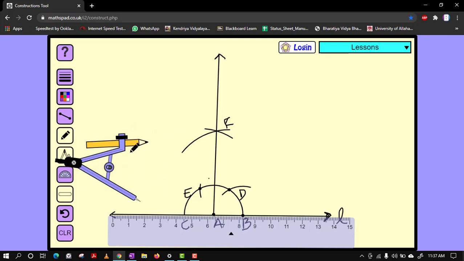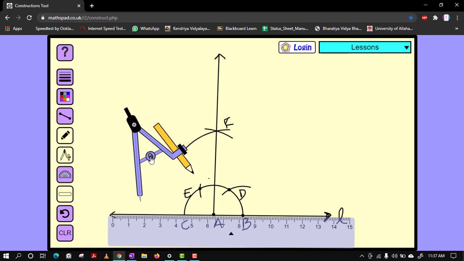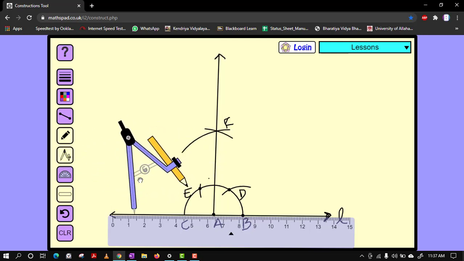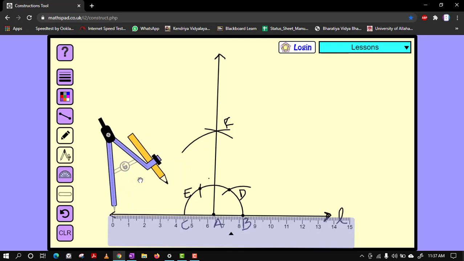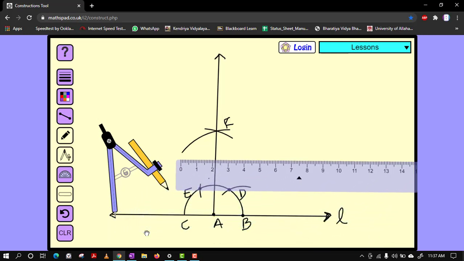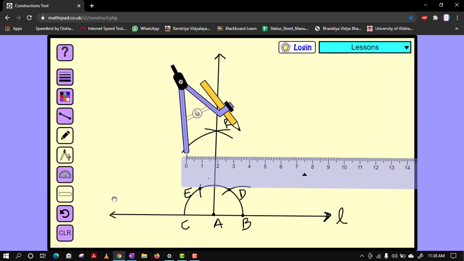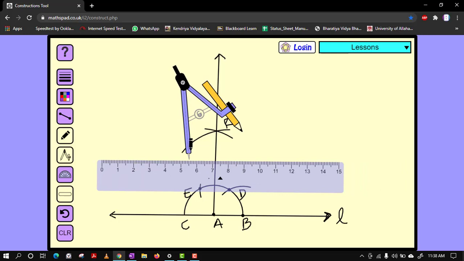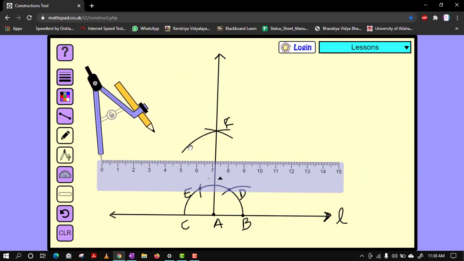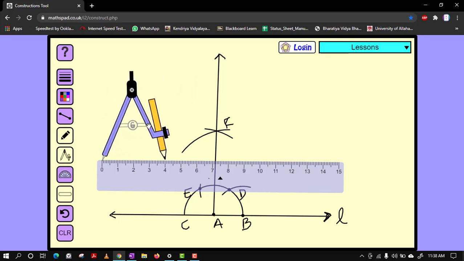Keeping the compass on 0, we can cut an arc also, because I can't make this scale vertical. So on 0, let me open this till 4.